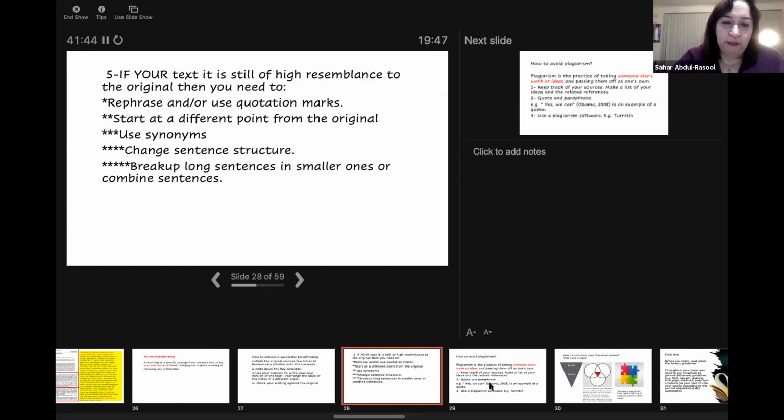We need the paragraph to have an opening sentence, a body, a text, and a wrapping sentence. And then we need the paragraph to look different from other people's paragraphs who wrote on the same subject.